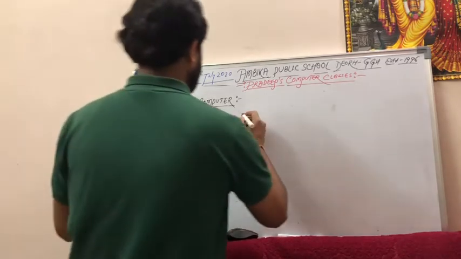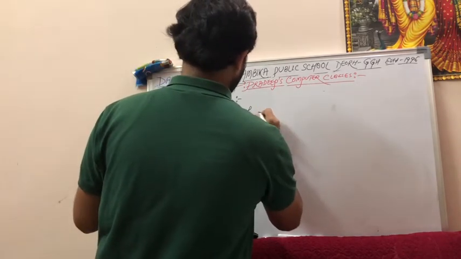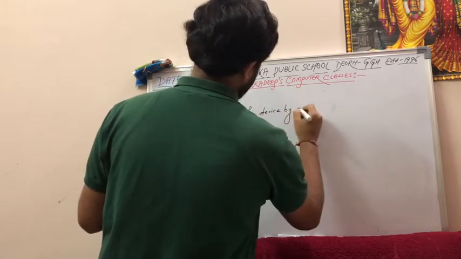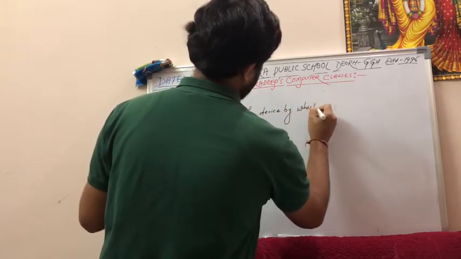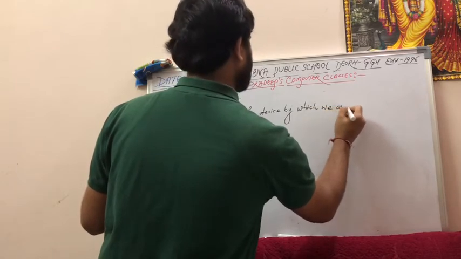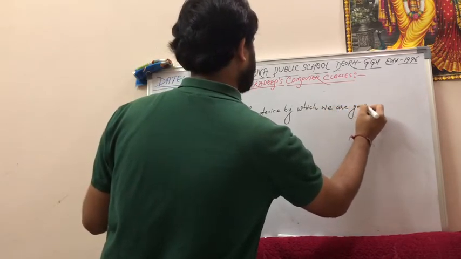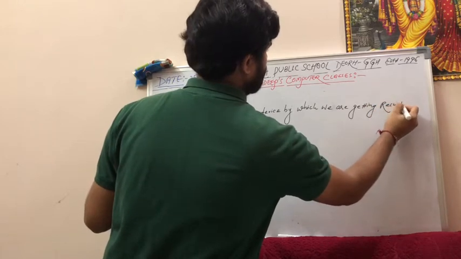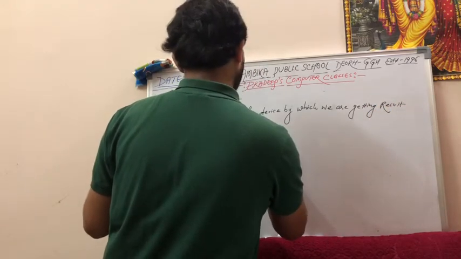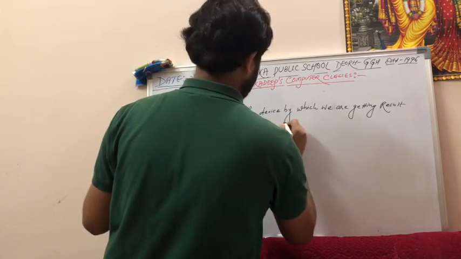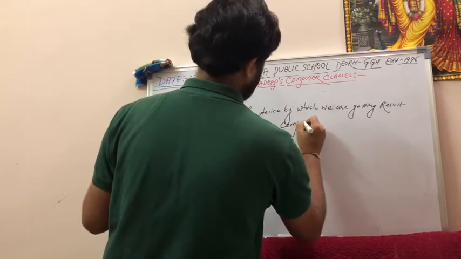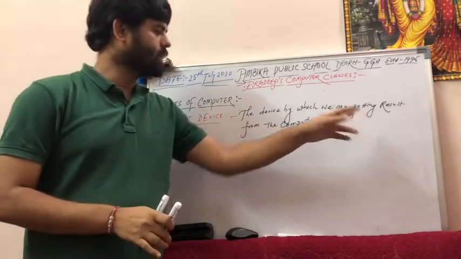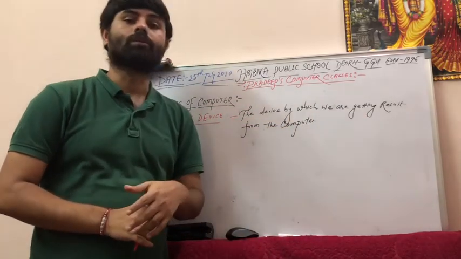The definition is the device by which we are getting a result from the computer. The device by which we are getting result from the computer is called output device.